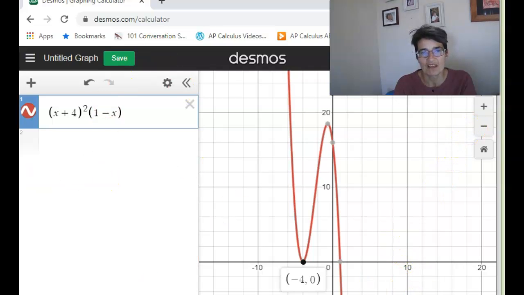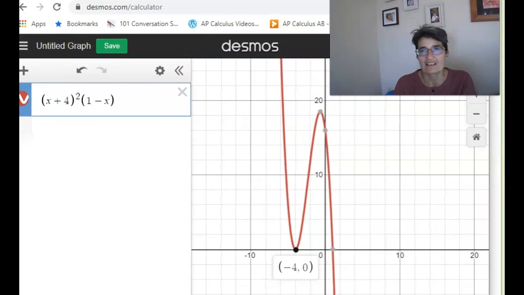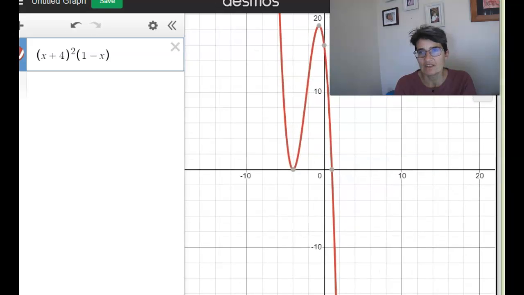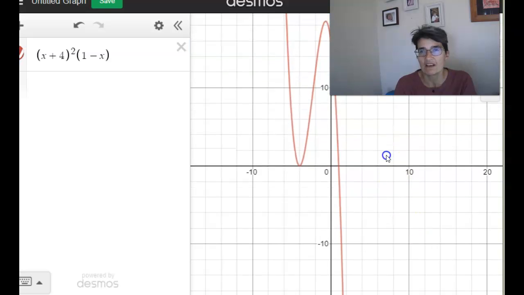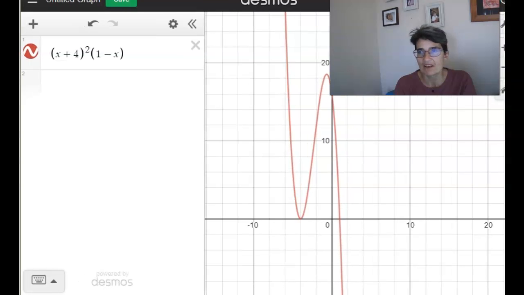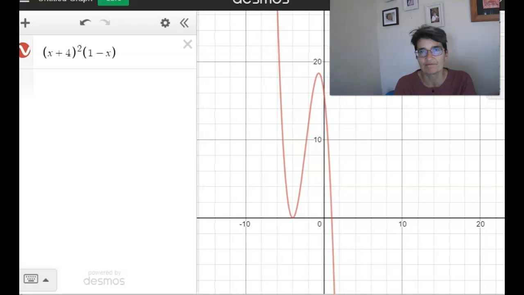So you can see the behavior of this graph is as we sketched it on paper. Desmos is a great tool to verify. I want you to learn all the methods by hand, finding all the things we did by hand, but definitely you can use Desmos to verify your findings.